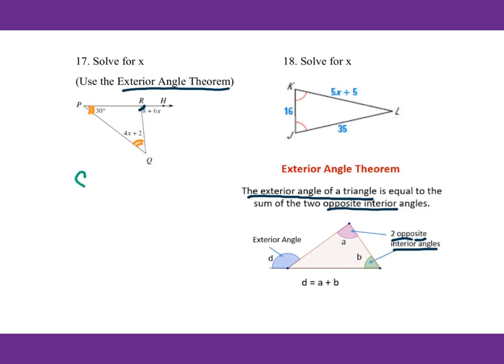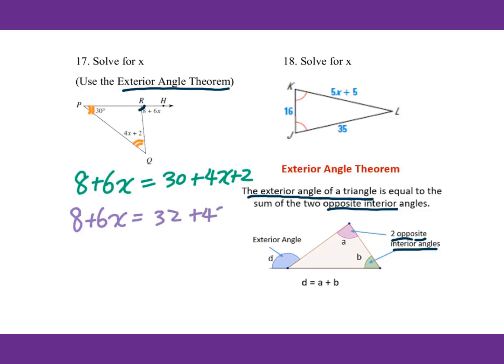exterior angle: 8 plus 6x equals 30 plus 4x plus 2. Combine like terms. 8 plus 6x equals 32 plus 4x. It's a linear equation, so isolate the variable on one side.